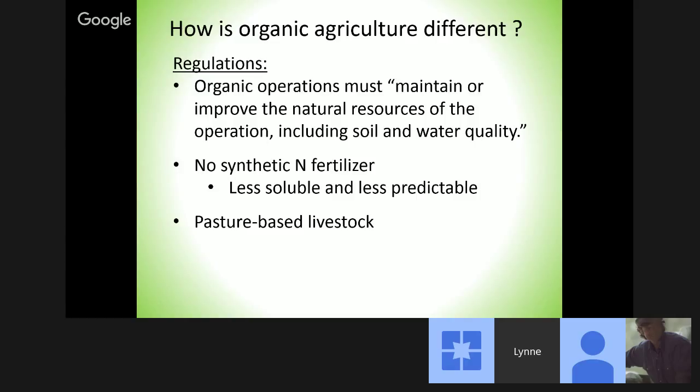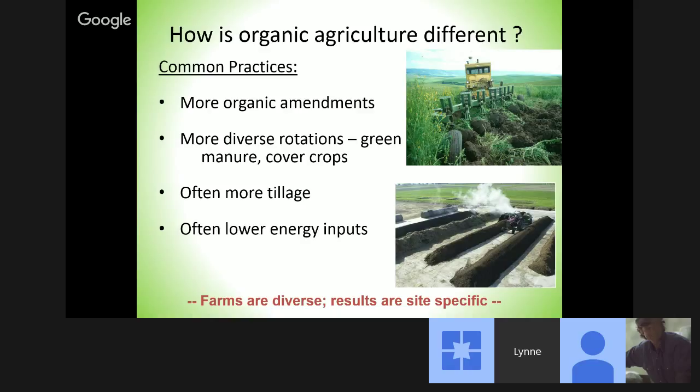Other regulations that would affect the carbon footprint include the fact that livestock have to have a certain proportion of their feed from pasture. And then some other common practices include that they are often using organic amendments, more diverse rotations, including green manure and cover crops. Often, organic operations use significant amounts of tillage for weed control.